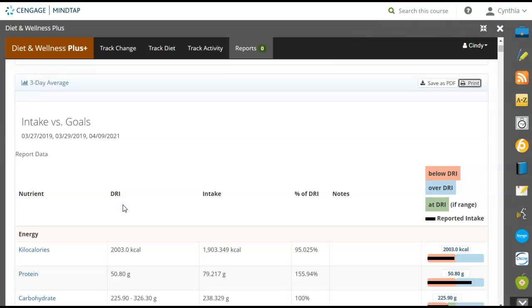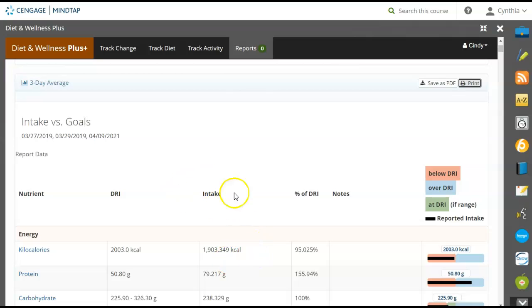So in this particular case, based on everything I've told the computer about myself, my height, my gender, my age, etc., the computer has determined, based on government information, that 2,003 calories is the right amount of calories for me to take in general, from one day to the next. So that's your goal, or your recommended, or in this case called DRI. Stands for Dietary Reference Intake.